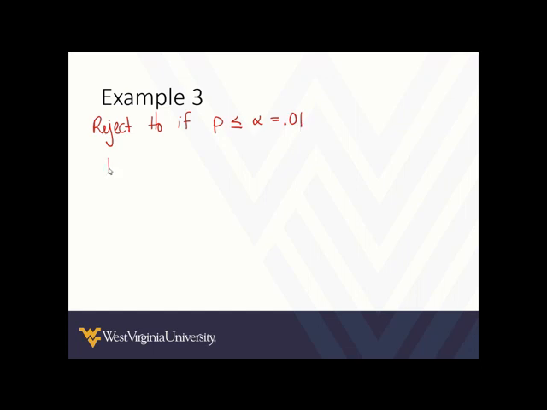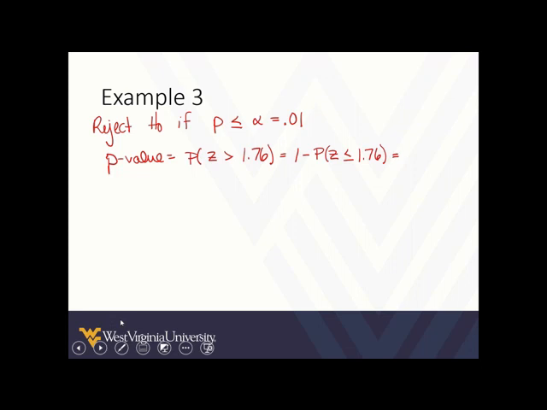And so because this was the greater than case, we know our p-value is equal to the probability of z being greater than or equal to our test statistic of 1.76, which because of our z-table, we have to find the probability of 1 minus the probability of z less than or equal to 1.76.